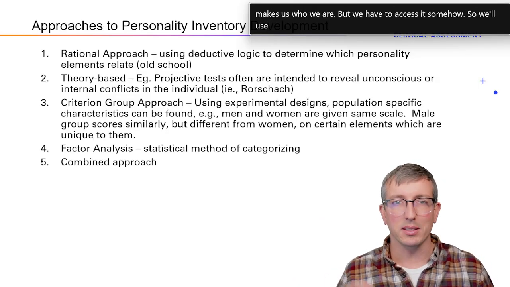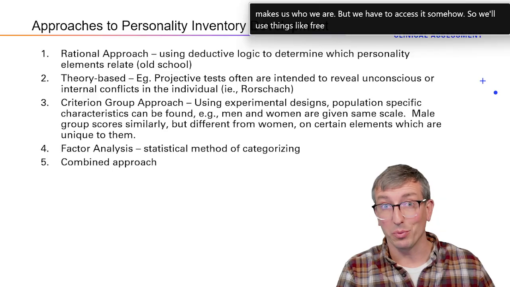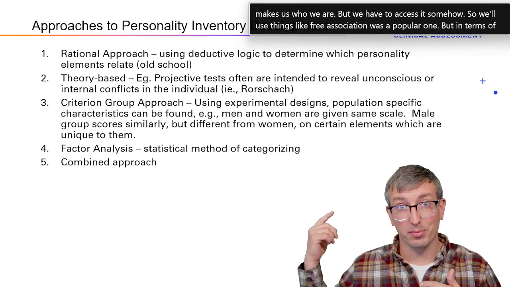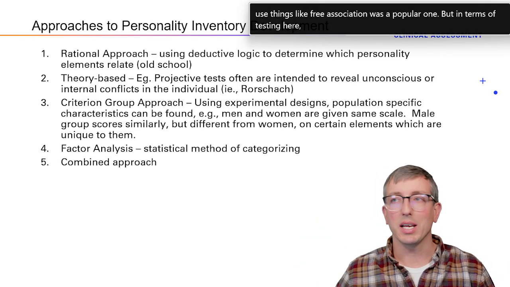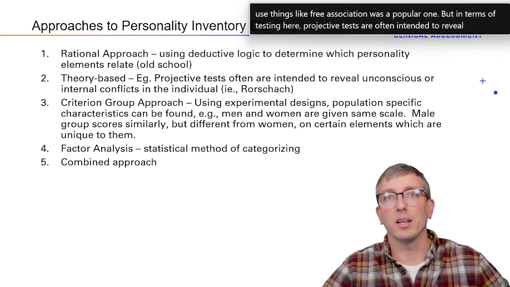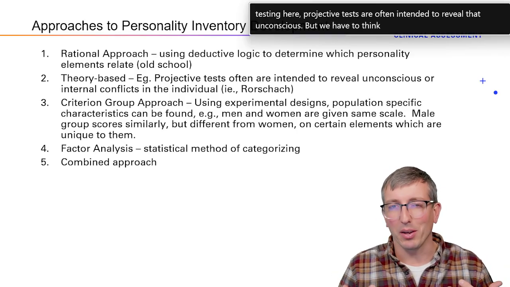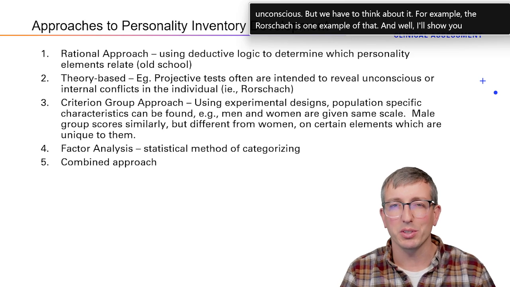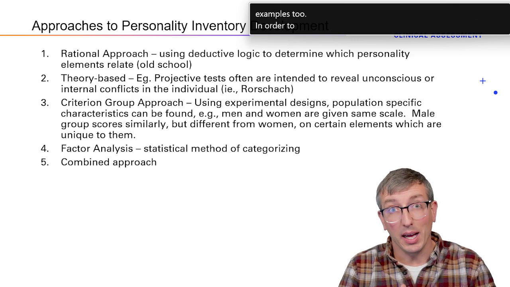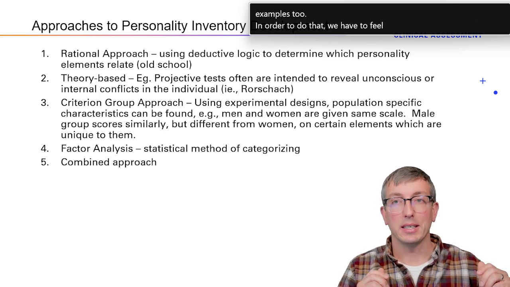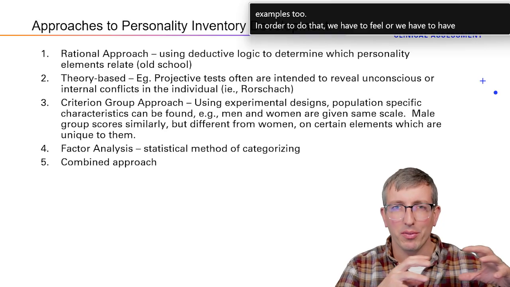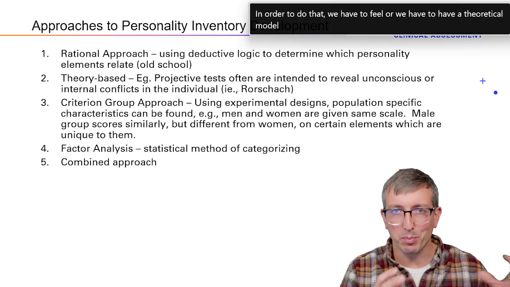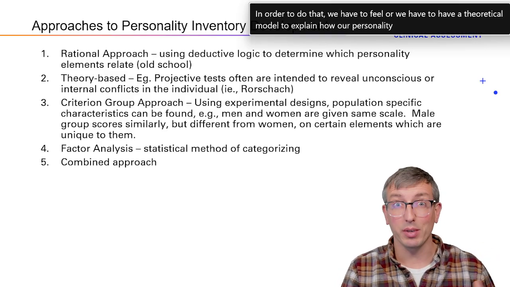So we'll use things like free association, which was a popular one, but in terms of testing here, projective tests are often intended to reveal that unconscious. For example, the Rorschach is one example of that. I'll show you some examples too. In order to do that, we have to have a theoretical model to explain how our personality is created and developed.